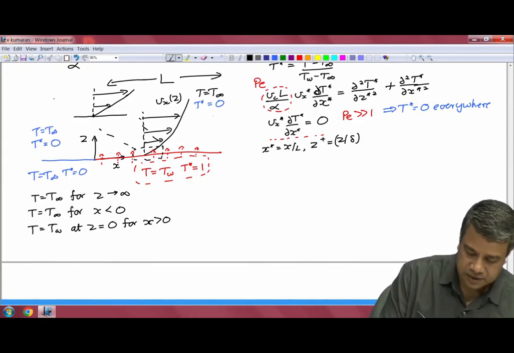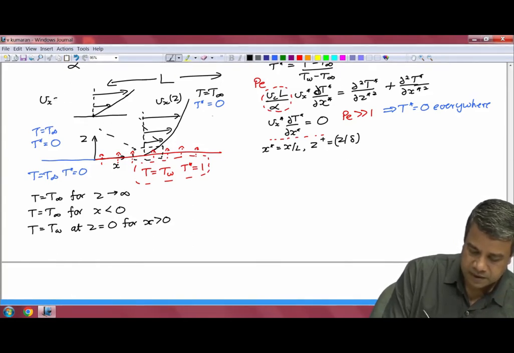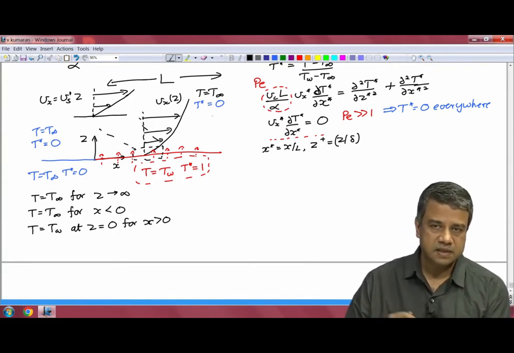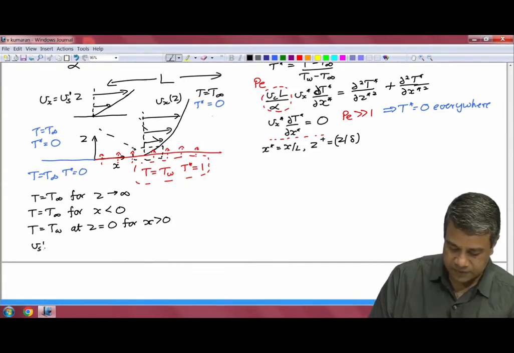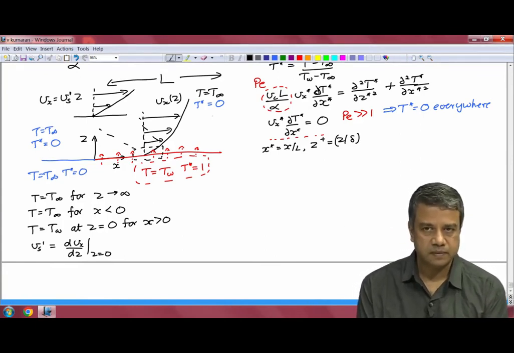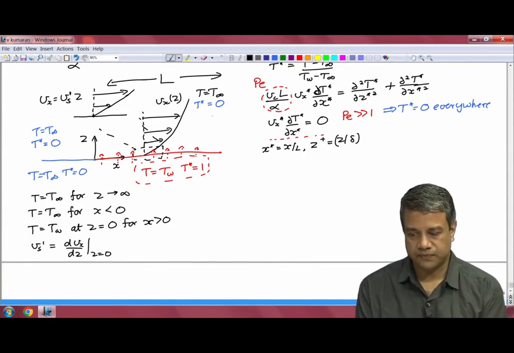So, very close to the surface, Vx has to be equal to Vs prime times z, because it has to increase linearly from the surface and it has to be 0 at the surface, where this strain rate Vs prime is equal to dVx by dz at z equal to 0, the slope of the velocity profile at the surface of the plate.